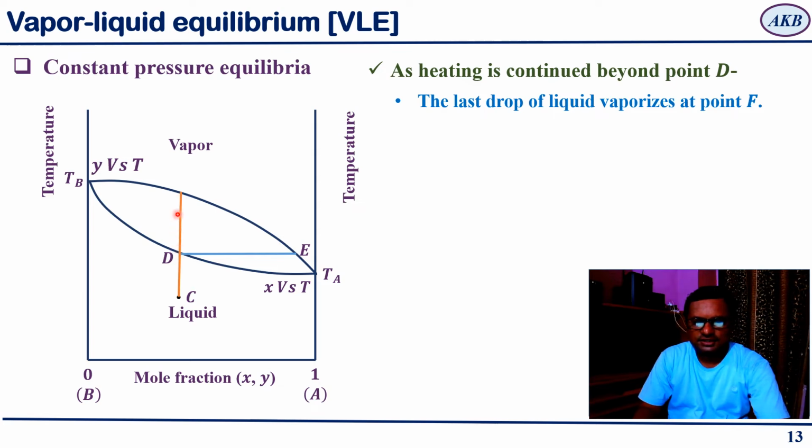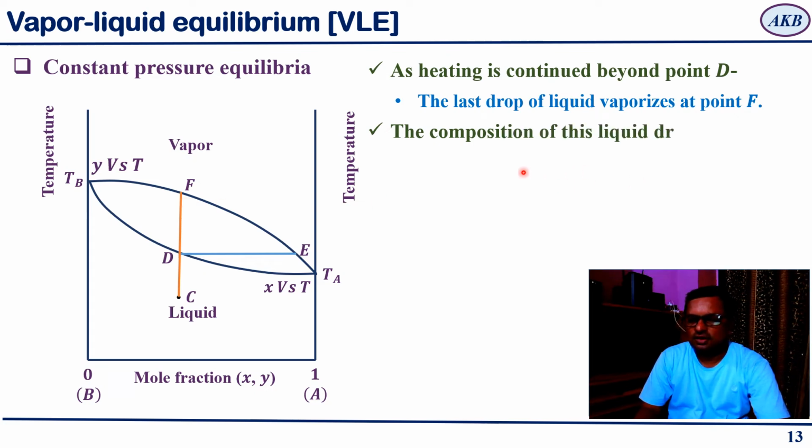The temperature rises and you arrive at this point, point F. And what is the significance of point F? The last drop of liquid that is left gets vaporized at point F.